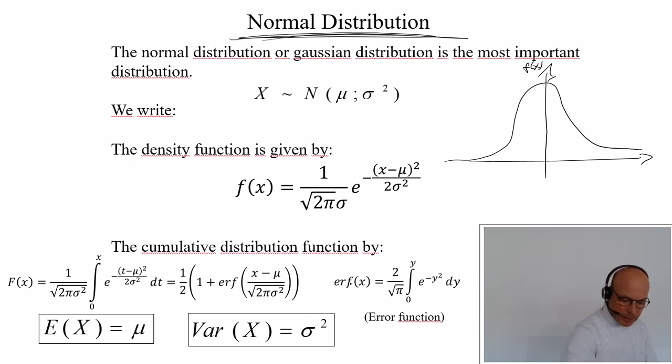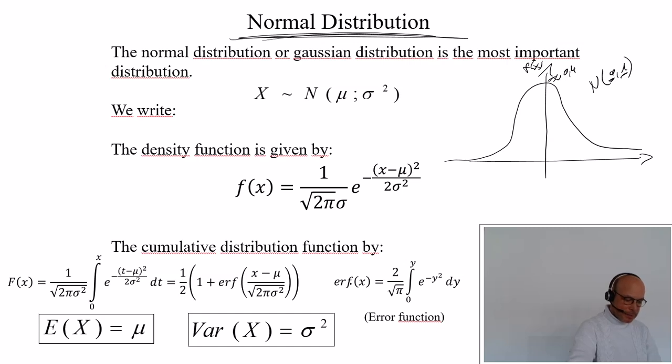Here is roughly N(0,1), so with mean 0 and standard deviation or variance equal to 1.